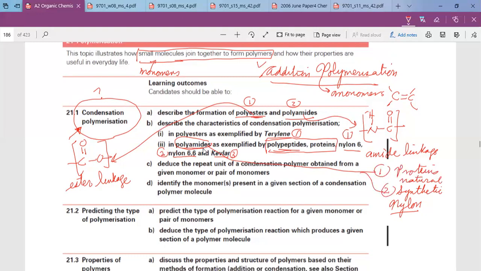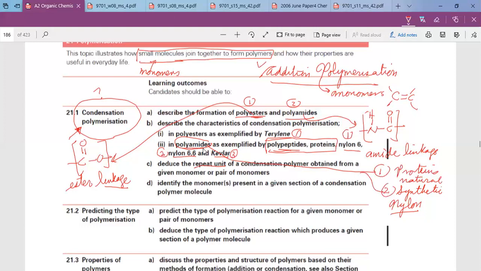You also need to see in part 3, deduce a repeat unit. The keyword is repeat unit. So there are a few important words in polymerization. One, of course, is the terms monomers and polymers. The terms condensation and addition. The terms polyester, polyamides. The terms linkages. The terms repeat unit.